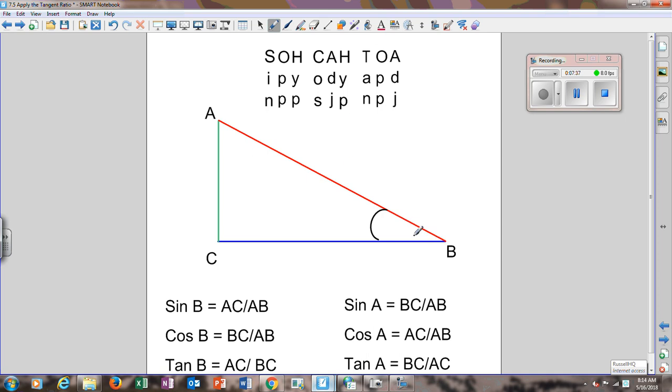So the sine of angle B is opposite over hypotenuse. So it's AC over AB. Cosine of B is adjacent over hypotenuse, so it'll be CB over AB. Tangent is opposite over adjacent, so it'll be AC over BC.